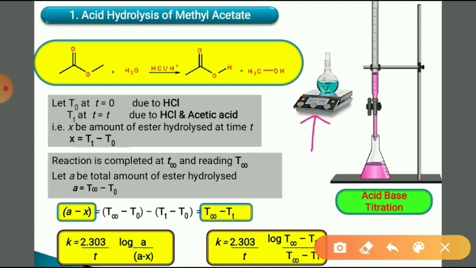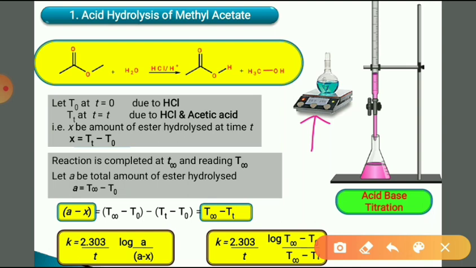Now in the first lecture of this lecture series, we have seen the measurement of reaction rates. We saw that there are two methods, the chemical method as well as the physical method. The chemical method is nothing but the volumetric method.